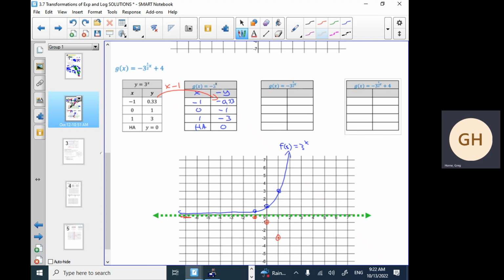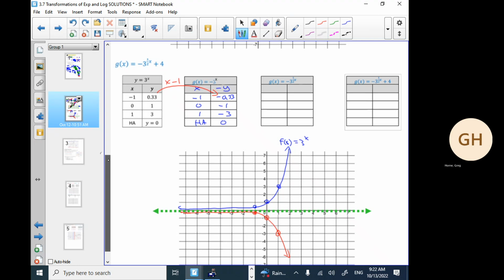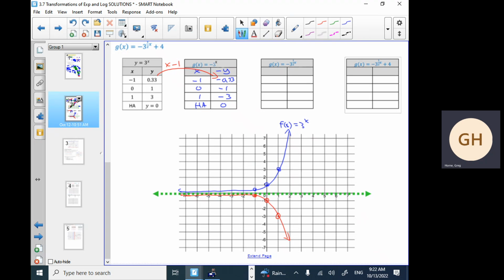Underneath the asymptote this time, skimming along and doing its thing here. I didn't go quite as far up, so I don't on the screen, but there it is. So that is, of course, your g of x function. They have labeled it as g of x equal to the negative 3 to the power of x.